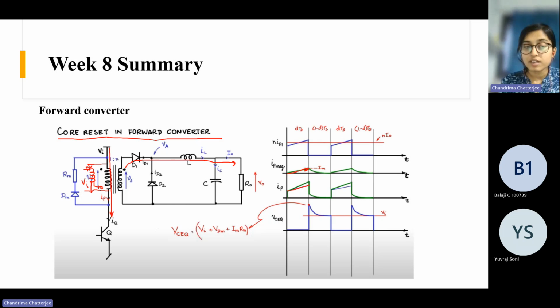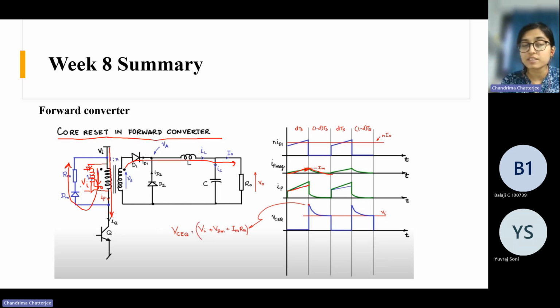So the current was flowing in this direction, and it will continue to flow, but now it will get demagnetized. So the current will circulate here in this loop, right? That's why you see there is an exponential decay here. Why exponential decay?